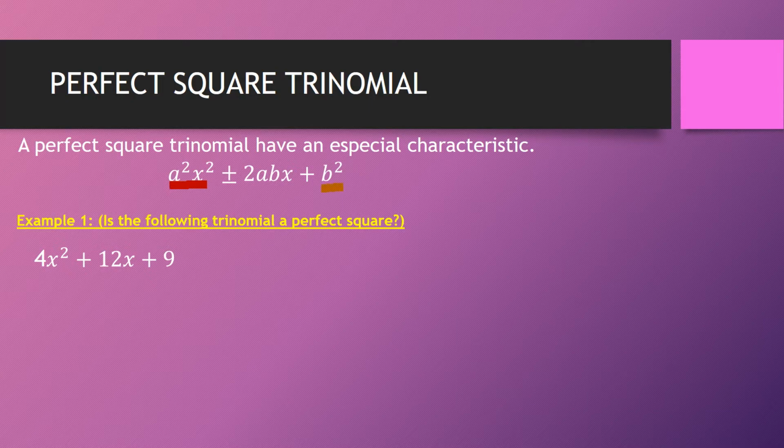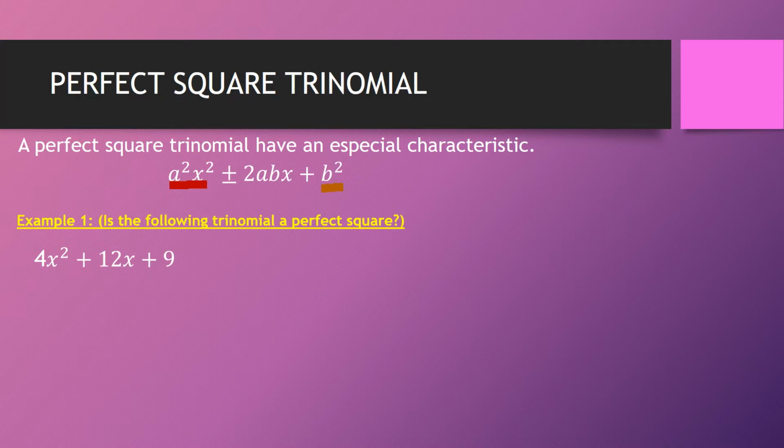Then, what is a perfect number? A number is a perfect number when it has an exact square root.